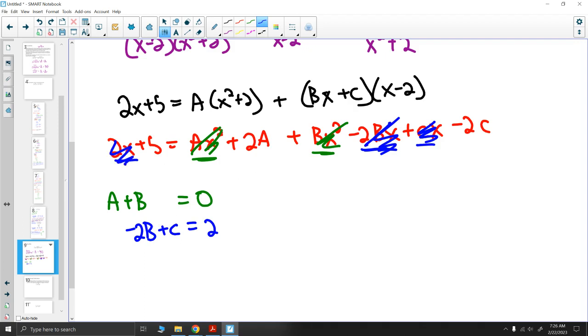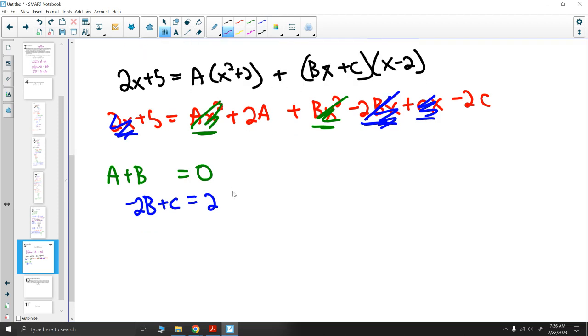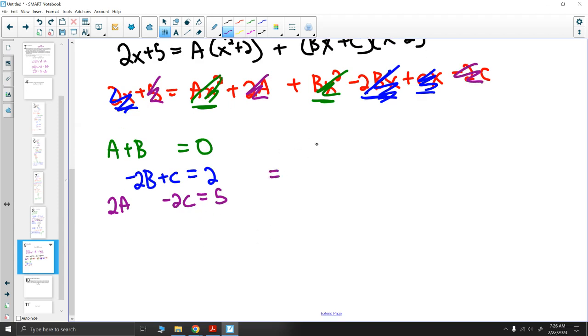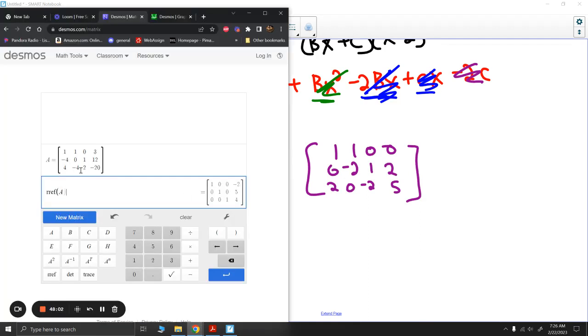That's one of the reasons I like to scratch things out, so that I can tell if I miss something a lot easier. Okay, 2a minus 2c equals 5. All right, so this thing here is the matrix 1, 1, 0, 0, 0, negative 2, 1, 2, 2, 0, negative 2, 5. Okay, again, go to matrix and type this thing in.